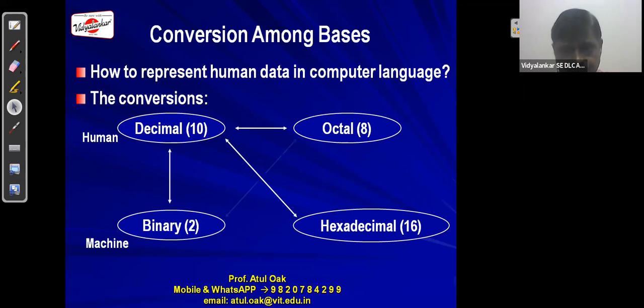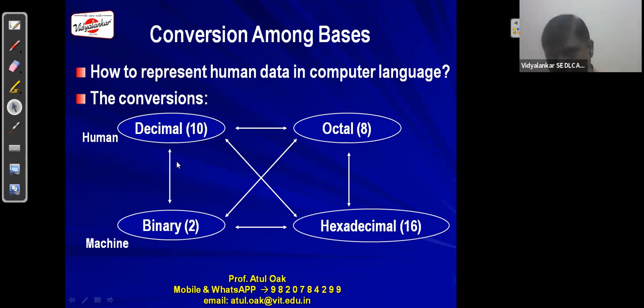Number four. Number five. And number six. If we observe carefully, you will find a total of 12 conversions you should be able to do.